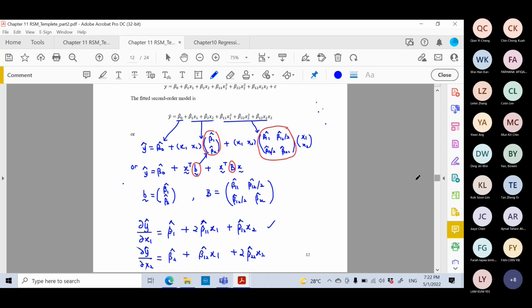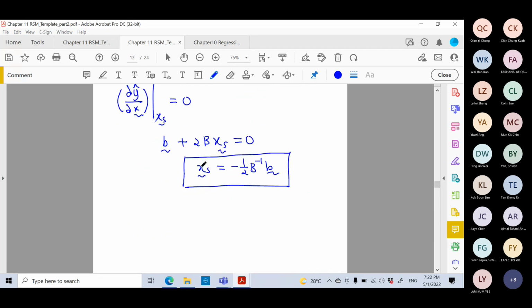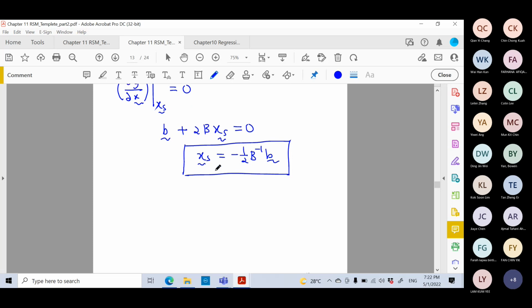Once you can recognize these two, then we know that your stationary point will equal negative 1 over 2, the inverse matrix B multiplied by b, so you get your stationary point for X1 and X2. Once you get your stationary point, we can know what the predicted point is. This one I call the stationary point, XS, given by here.